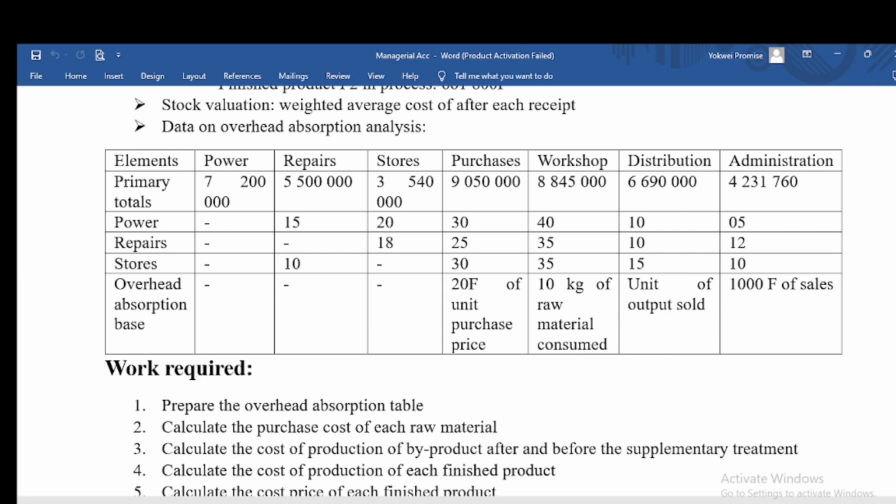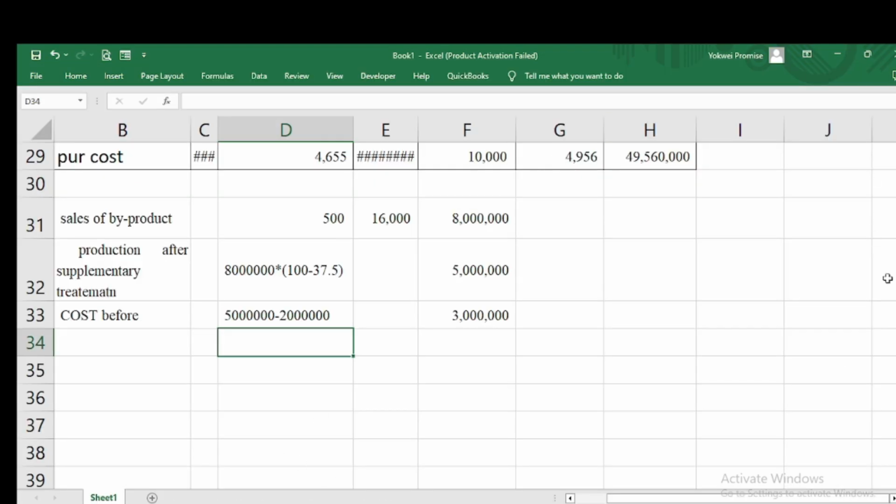Okay. So let's get back to our sheet. So, calculation of production cost.